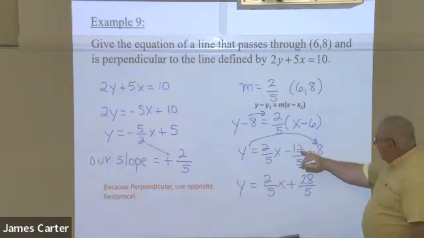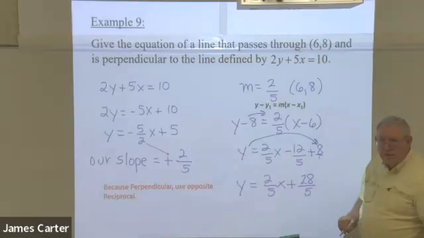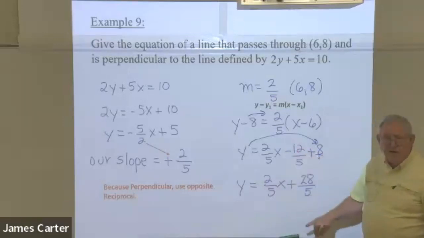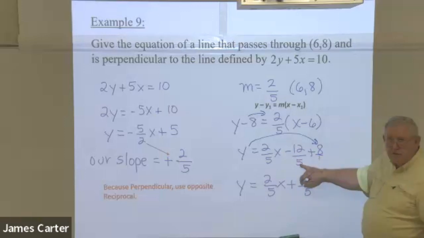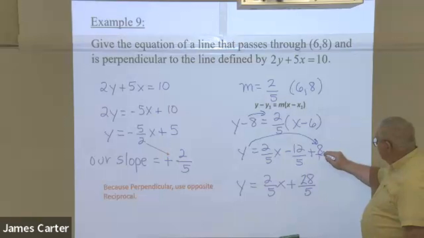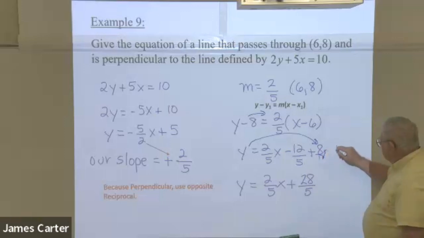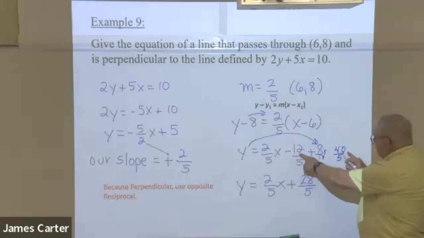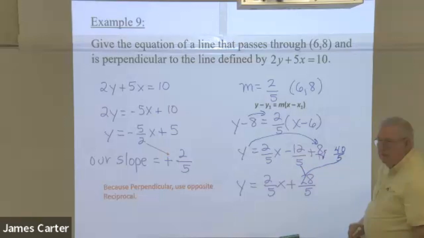But they can't just add this 8, which is technically over 1, and that -12/5. They have to convert this 8 into fifths by multiplying it by 5/5. And when they do that, this becomes 40/5. Now, -12/5 and +40/5 is 28/5. That's where that came from.